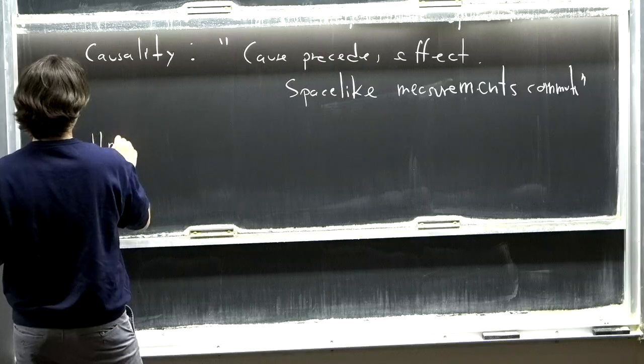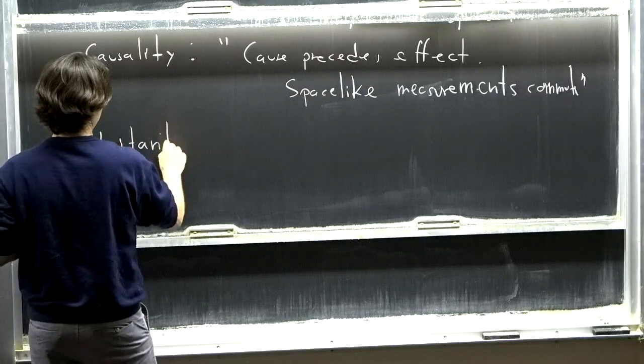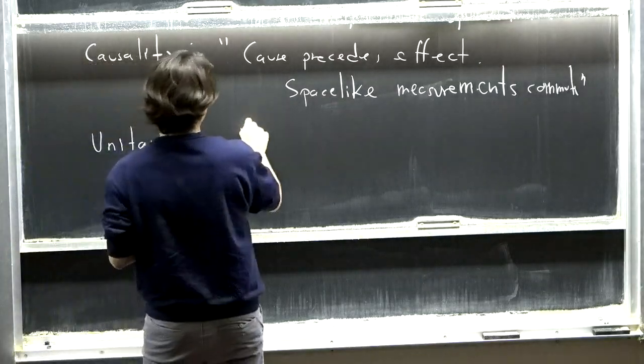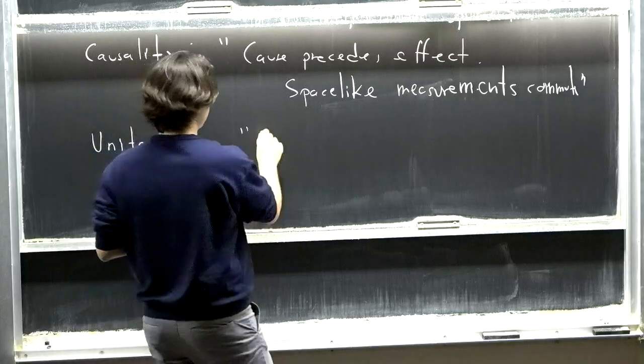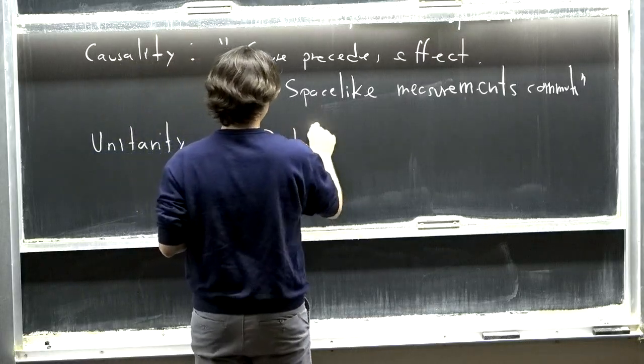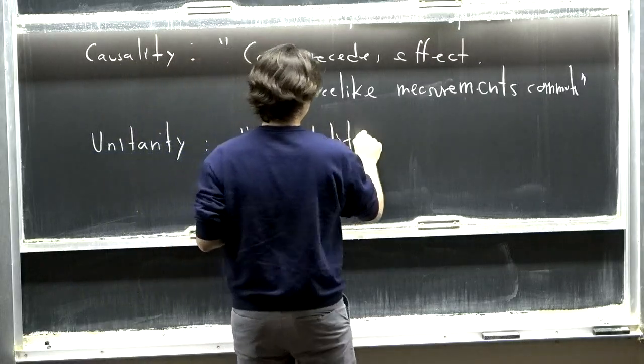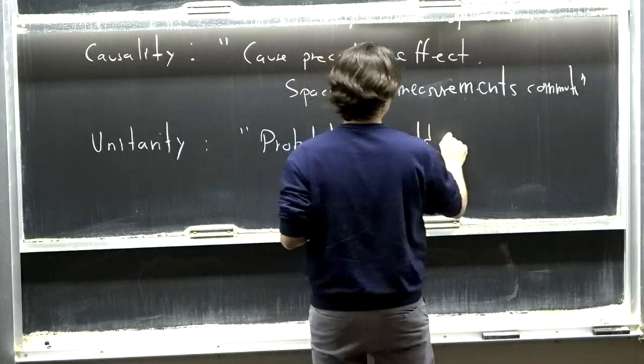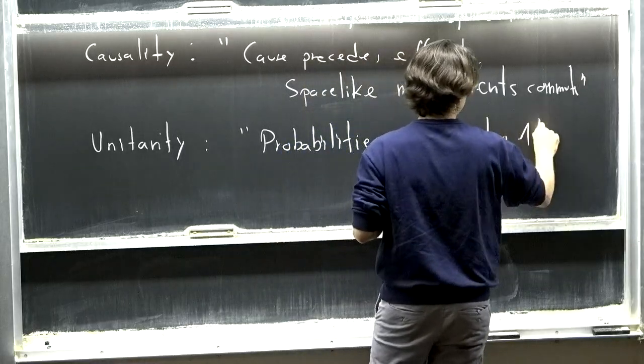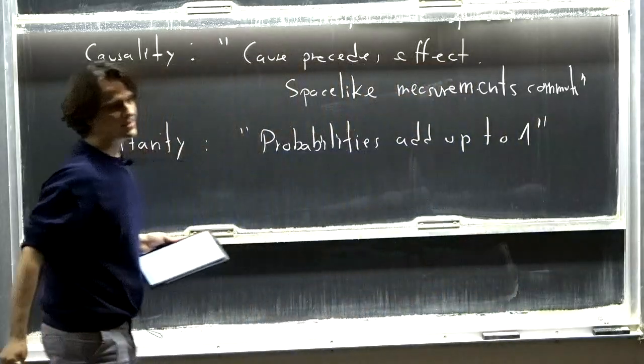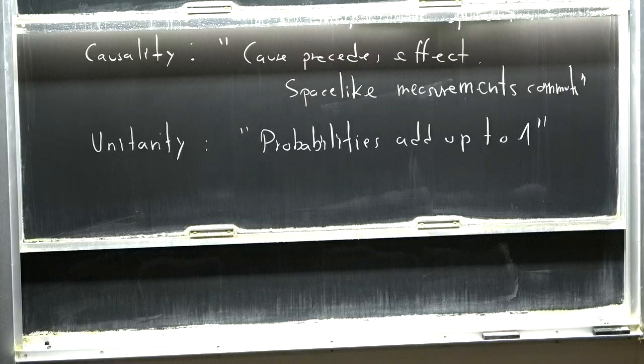Okay, unitarity. What is unitarity? Probabilities add up to 1. Okay, and symmetry, okay, we all know what symmetry is.